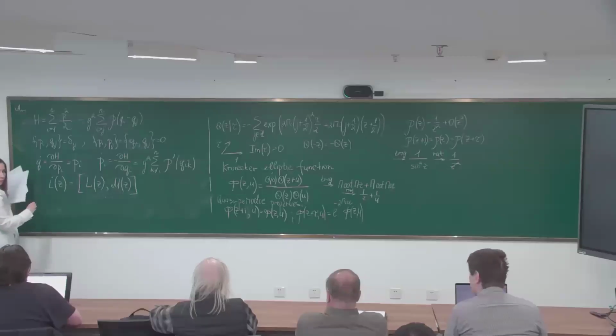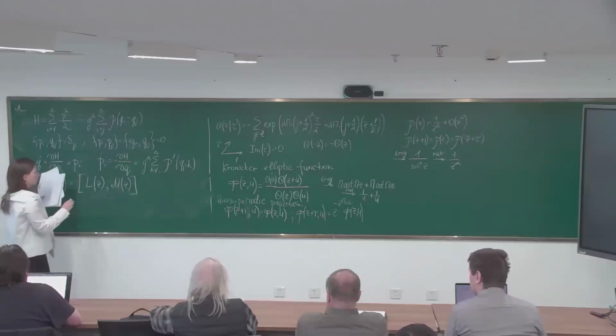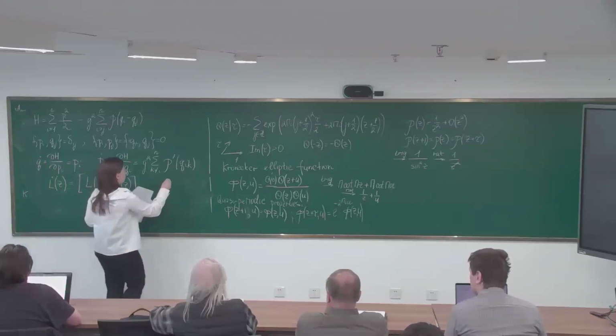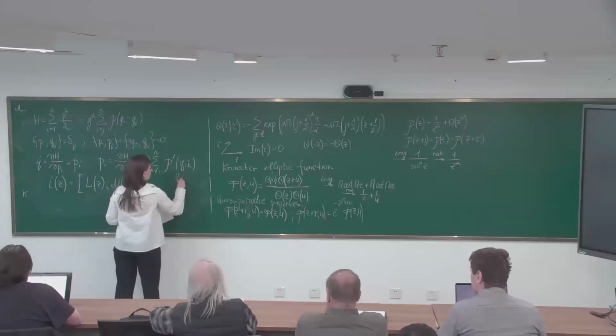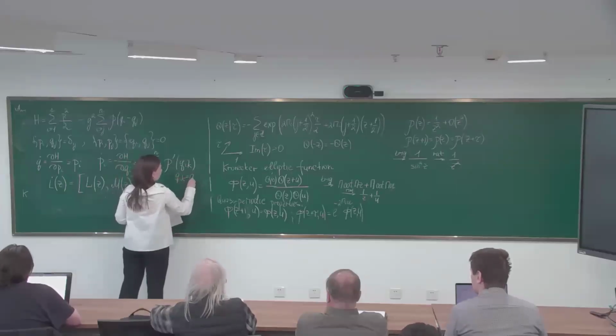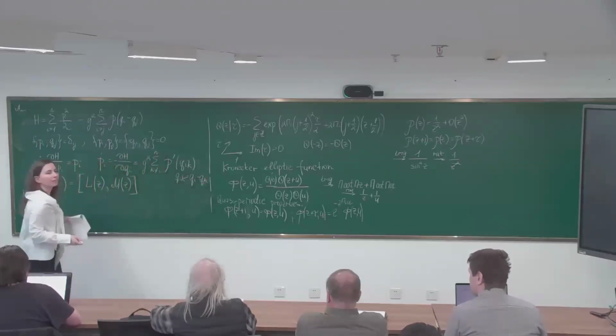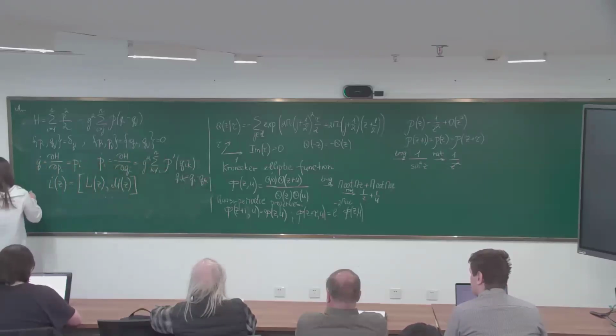Yeah, q_ik is q_i minus q_k. It's a shorthand notation. So q_ik is a short notation for the difference of q. Yes, thank you. So, and I will show you the Lax pair.